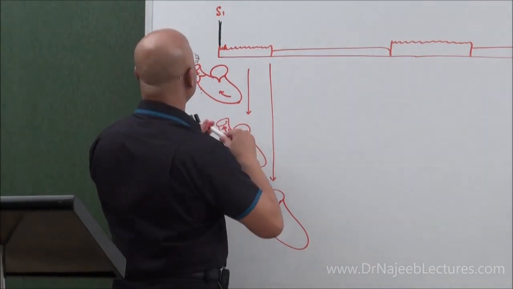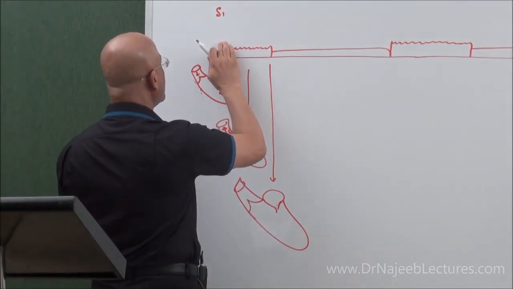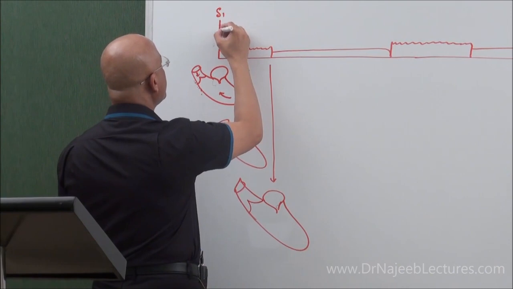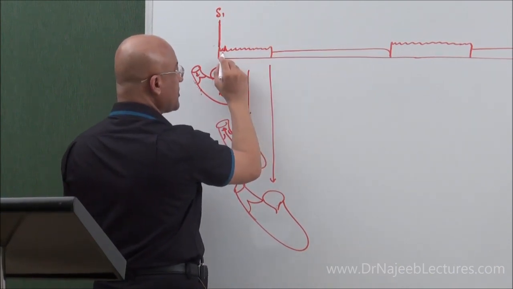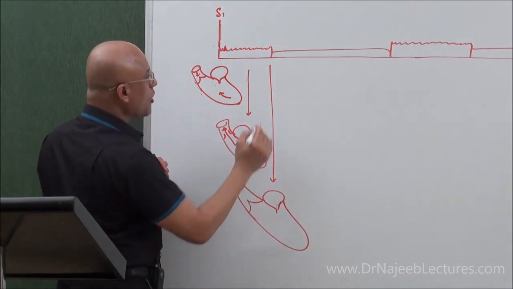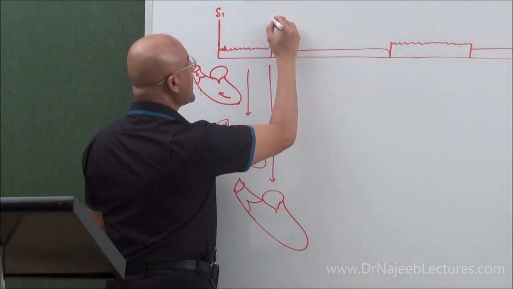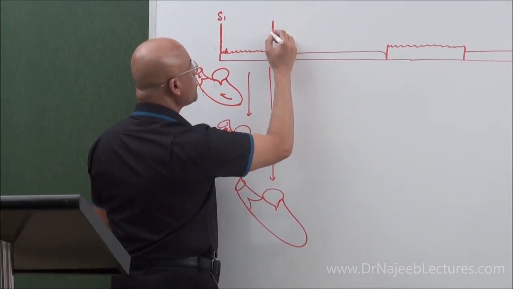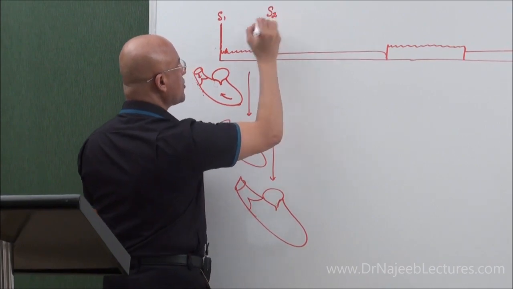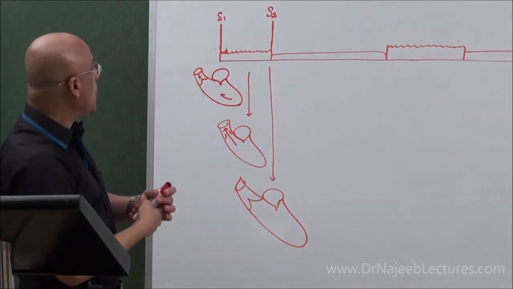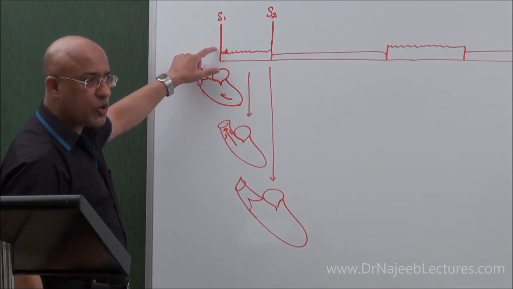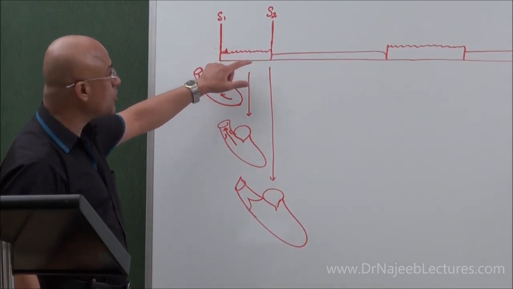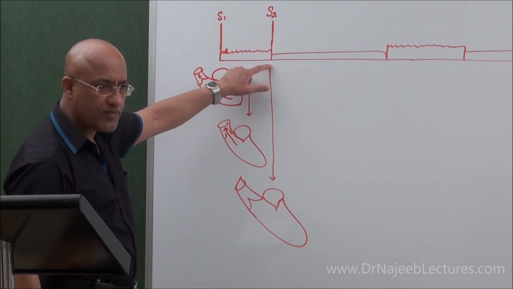So the first heart sound is due to closure of the AV valves, mitral and tricuspid, at the beginning of systole, and at the end of systole, closure of the aortic and pulmonary valves produces S2. S1 represents the onset of ventricular systole, S2 the offset.